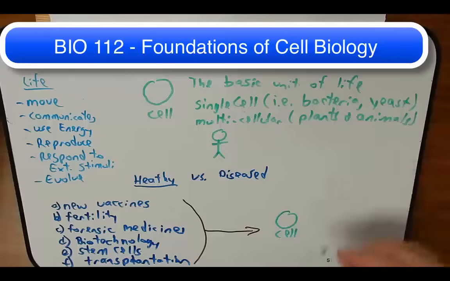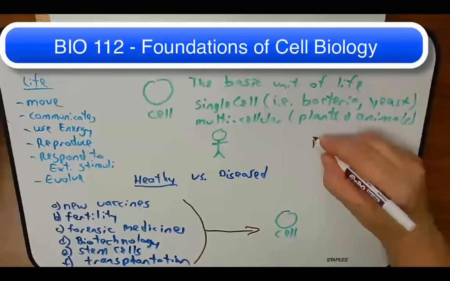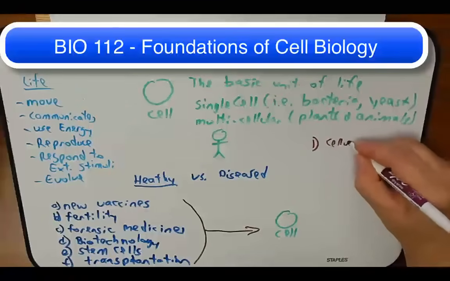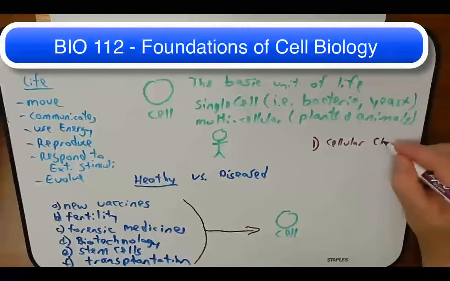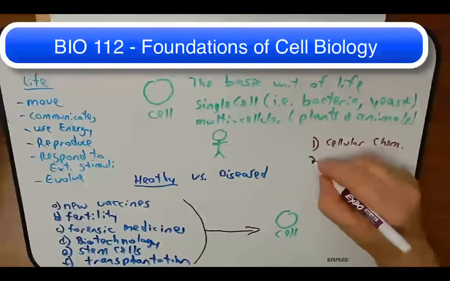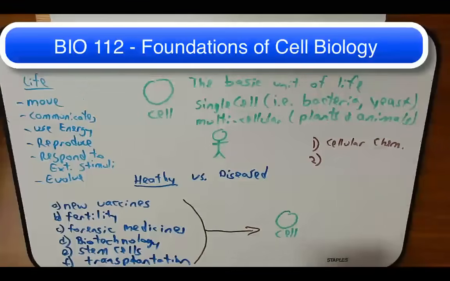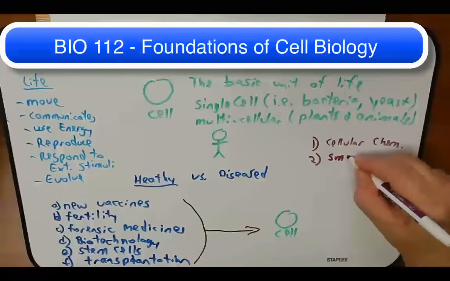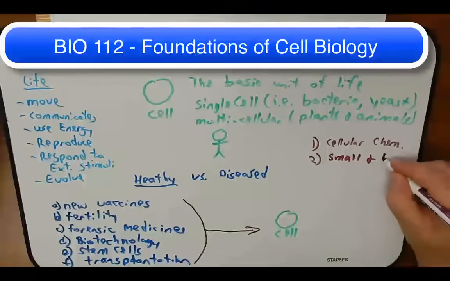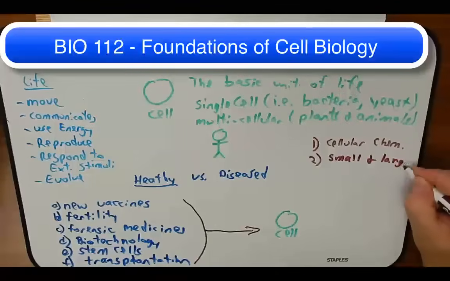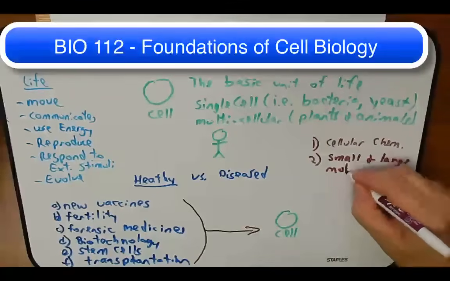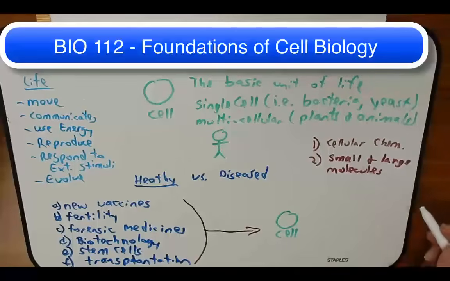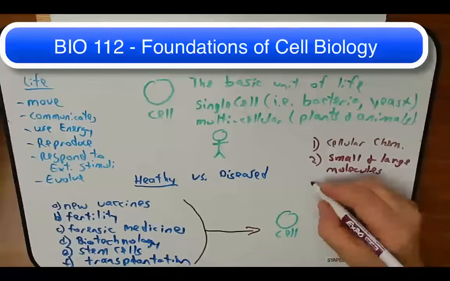So before we can understand the cell, we have to understand a few other things. And in our class, we'll begin by talking about cellular chemistry. Once we understand that, and much of that will be a review for you, we'll want to look at small and large molecules in the cell, like amino acids for a small molecule and proteins for a large molecule.